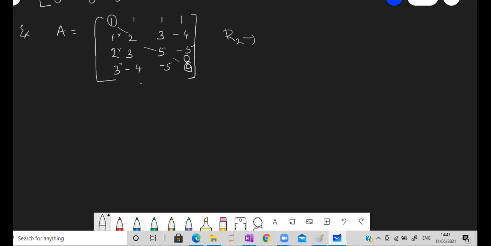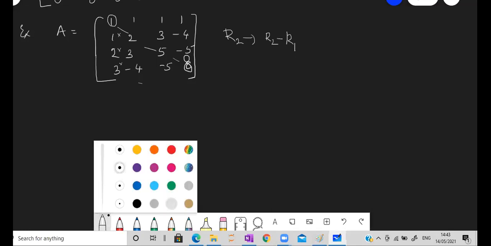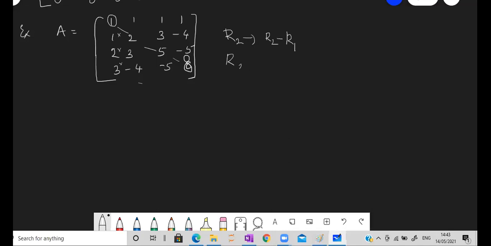R2: see, both the elements are 1 and 1, right? I want to reduce this 1 to 0 with the help of 1, so I just take their difference. Is it okay? Yes, ma'am. Next is R3. Tell me the operation for R3. You want to reduce 2 to 0 with the help of 1.